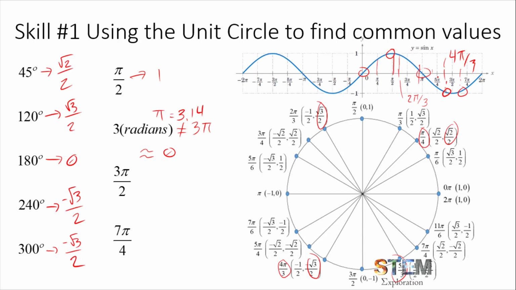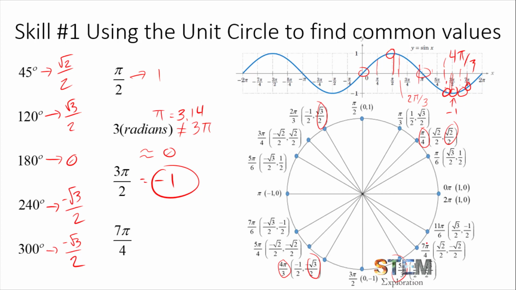And if we look at 3 pi over 2, we're looking at this point right here. This is 3 pi over 2. This is equal to negative 1. And if we look at 7 pi over 4, 7 pi over 4 is right here. Let's go down. We're trying to find that point right there.